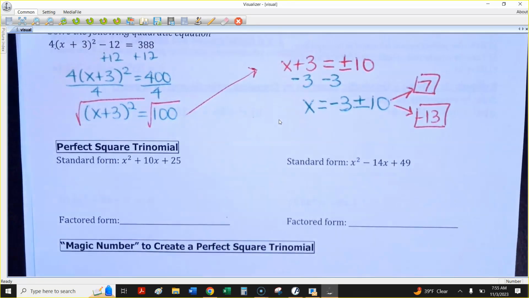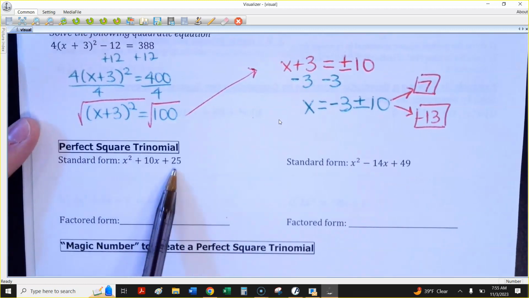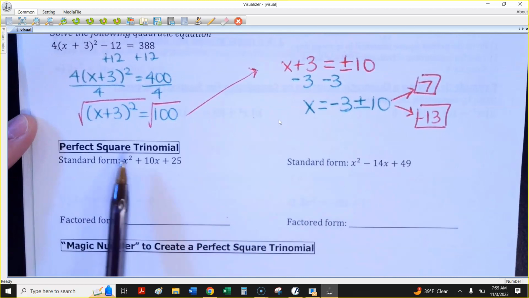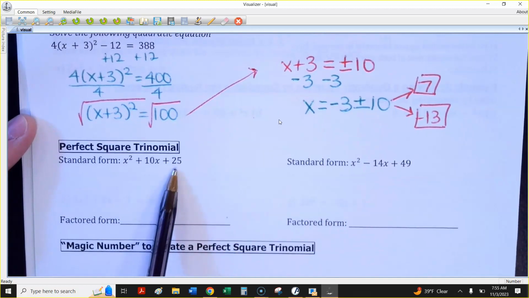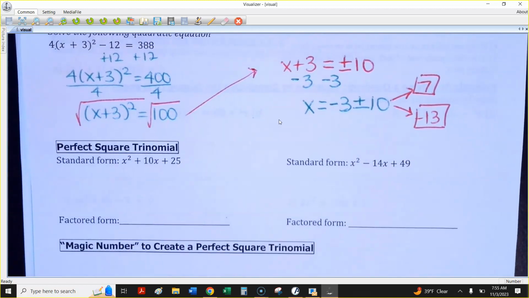So I just have a couple examples of perfect square trinomials. These are not equations, they are just expressions that I'm going to see if you guys can factor real quick here. So what would be 2 numbers, like I can factor both of these. What would be 2 numbers that multiply to get 25, add to get 10? What do you think? 5 and 5.